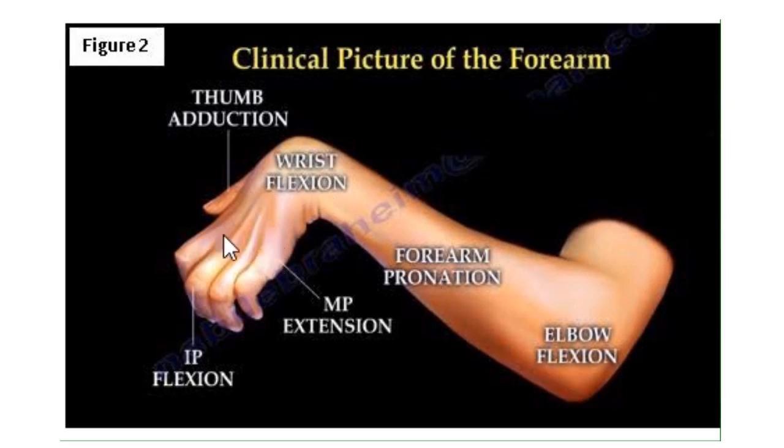The metacarpophalangeal joints are extended, but all the fingers are flexed at the interphalangeal joints. This is a typical picture of Volkmann ischemic contracture due to muscle necrosis, and muscle necrosis is in turn due to laceration or occlusion of the brachial artery.